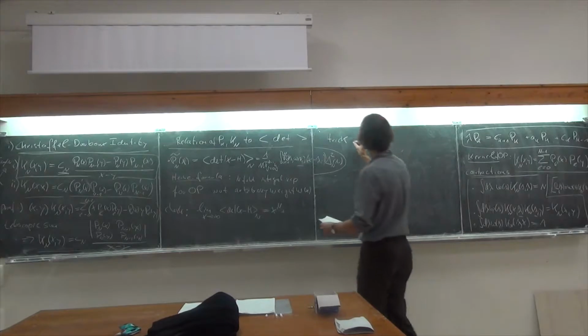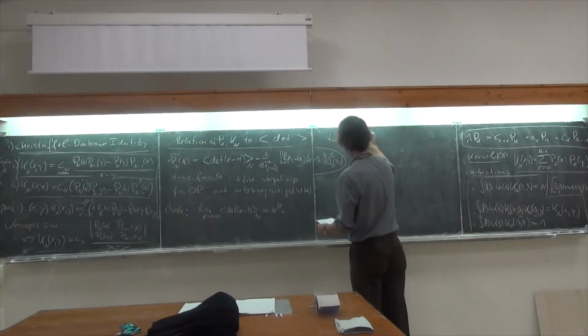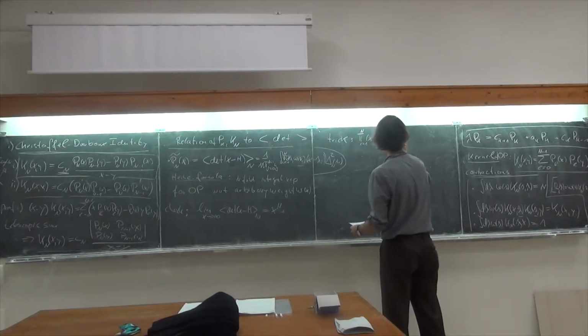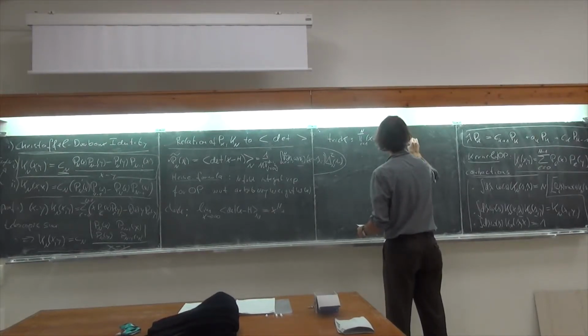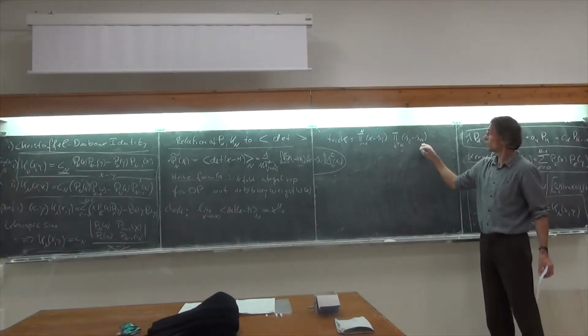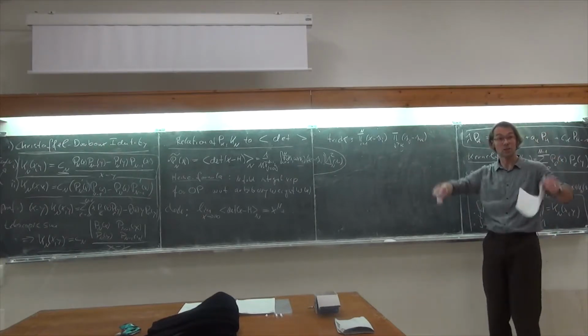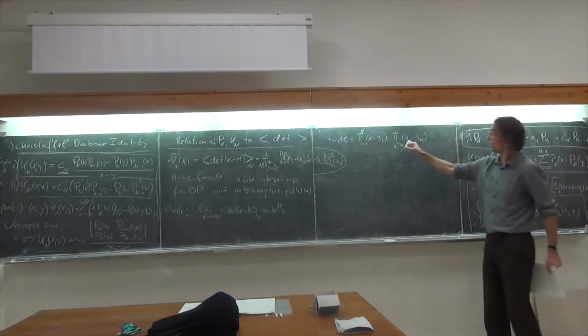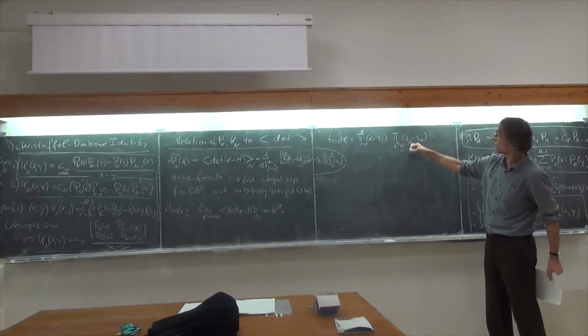Okay, and then we have the Vandermonde determinant, and you remember this was the following object, the product of lambda_j minus lambda_k. Okay, so this is an ordered product, so that we really get a determinant of ones, etc., where the lambda with a larger index is over to the left.